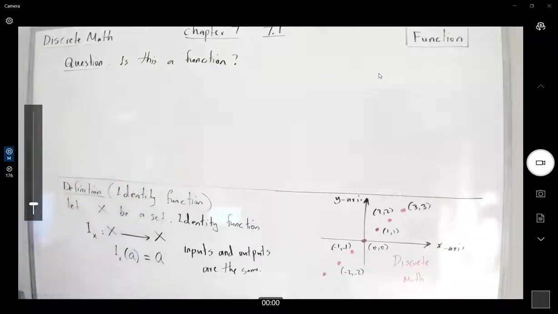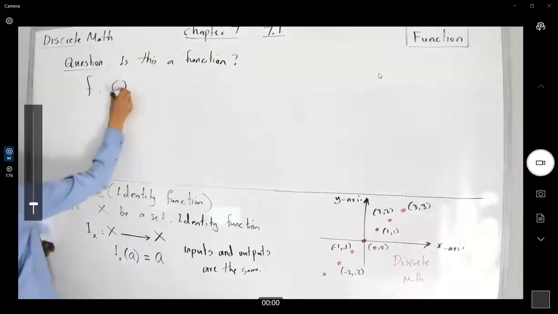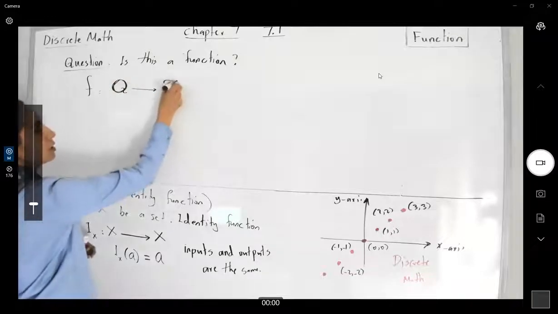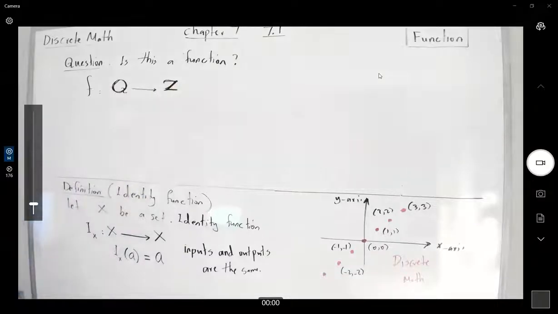So I'm going to define f that maps rational numbers into Z, integers, and I'm going to define it this way.